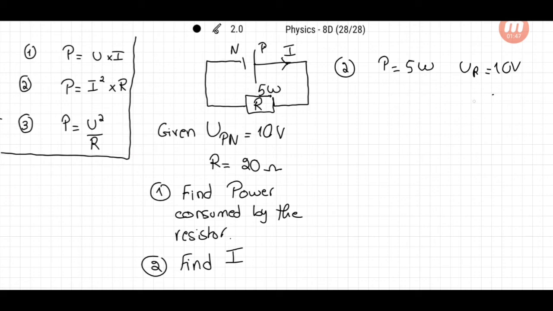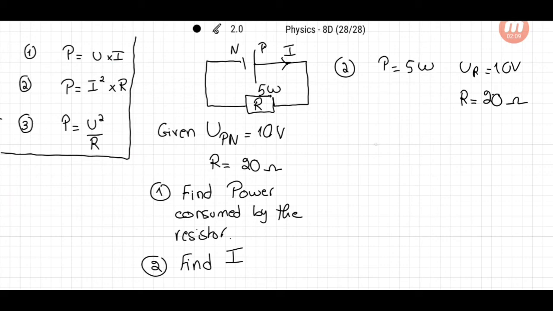And I know that R is equal to 20 ohms. Now I need to find I. I can find I since I have the power and the voltage. I can use this formula to find I.